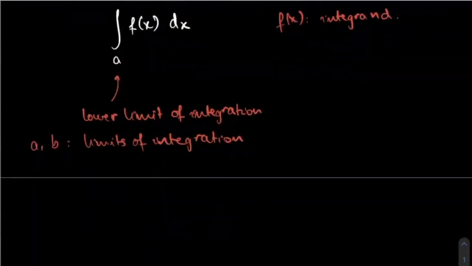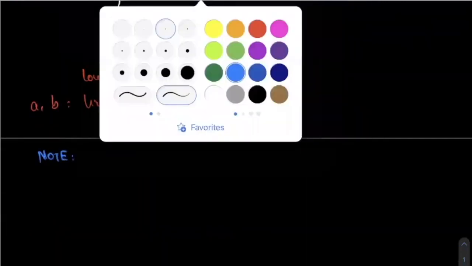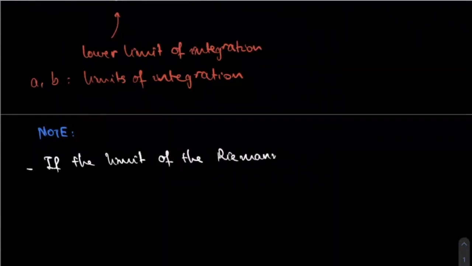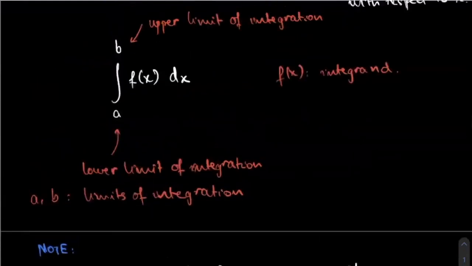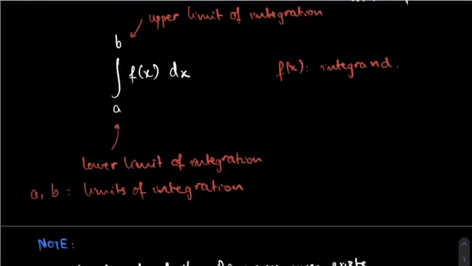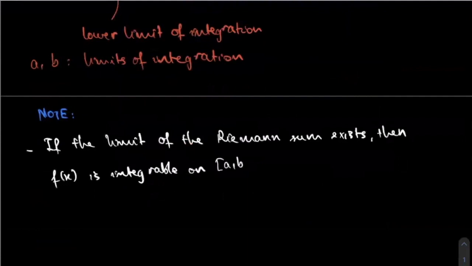So some notes about the definite integral. If the limit of the Riemann sum exists, then you say f of x is integrable on the interval from a to b.